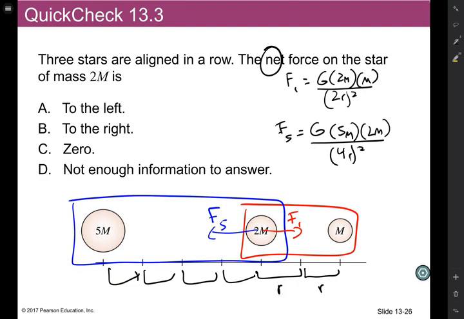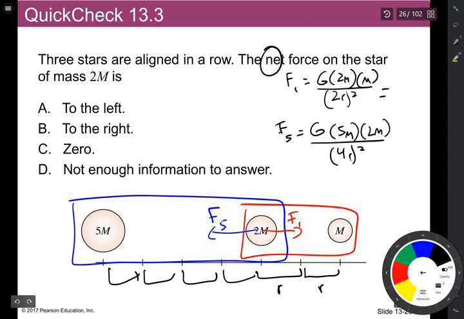Now we just need to simplify. So here we get a factor of 2 over 2 squared, right? Which is 1/2. And then we have a G m squared over r squared, right? Same thing for F5. We now have a factor of 5 times 2, which is 10, over 4 squared, which is 16.